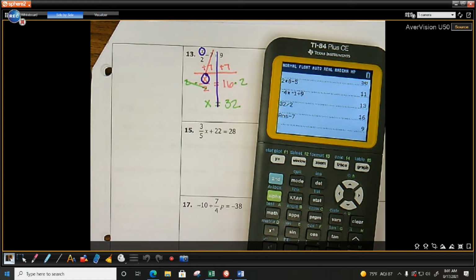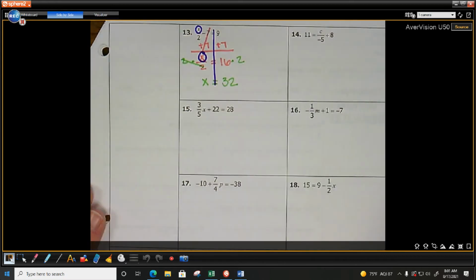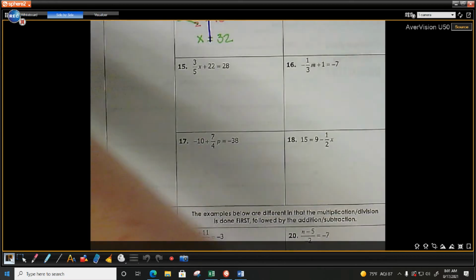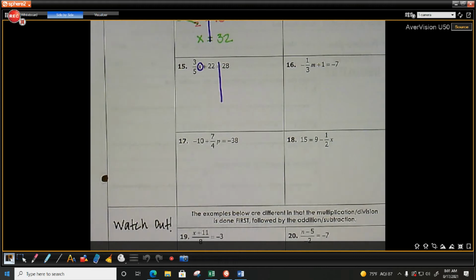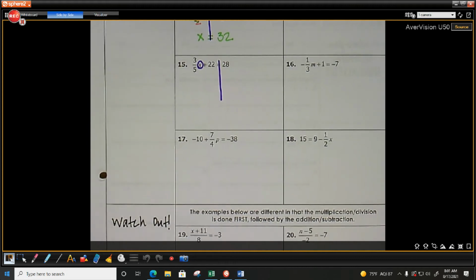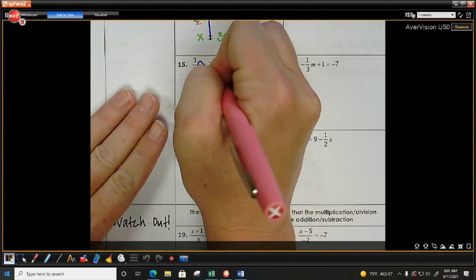Okay, let's look at 15. Draw your line through the equals and circle your variable. Okay. What's on the same side as the x but not glued to it? How do I get rid of a plus 22? Minus 22. So 22 minus 22 cancels out.